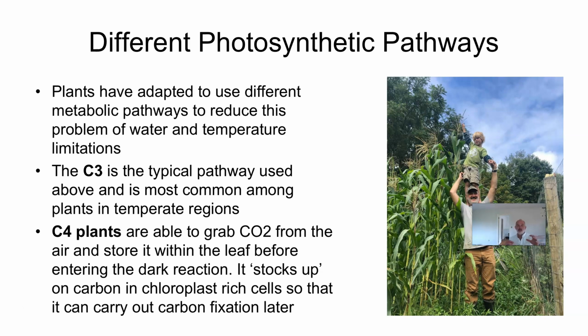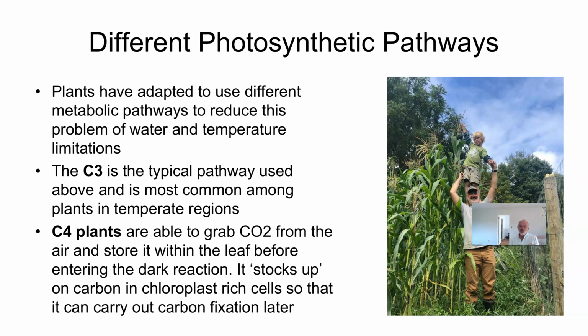The bottleneck is that in the normal C3 pathway, the dark reactions are slowed down because the plant has to close its stomata. The C4 pathway allows the plant to keep grabbing carbon dioxide from the air and storing it within the leaf even before it enters the dark reaction, right?